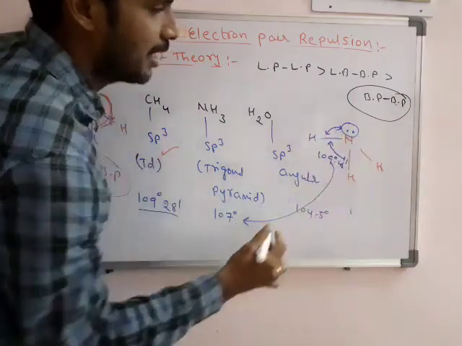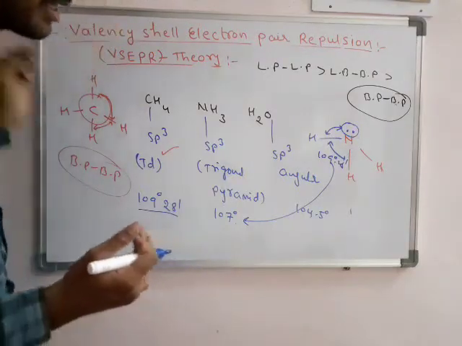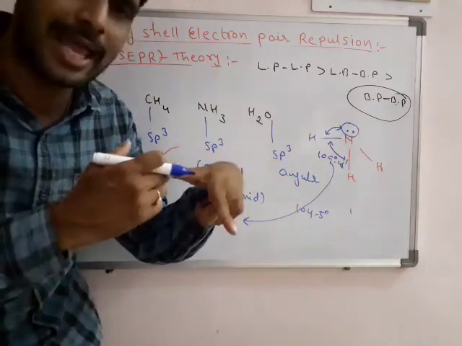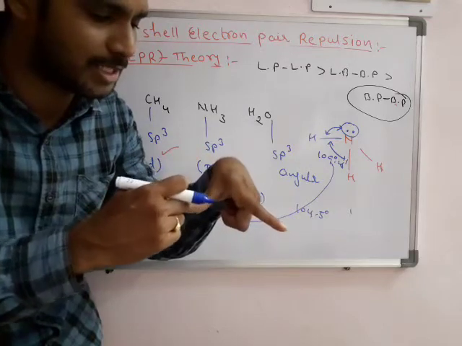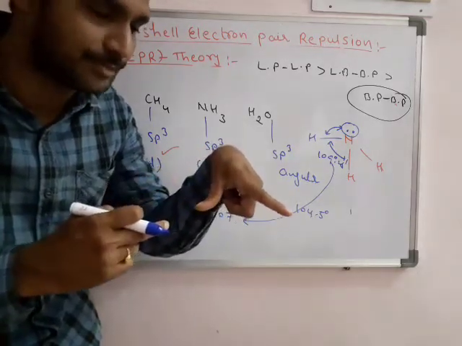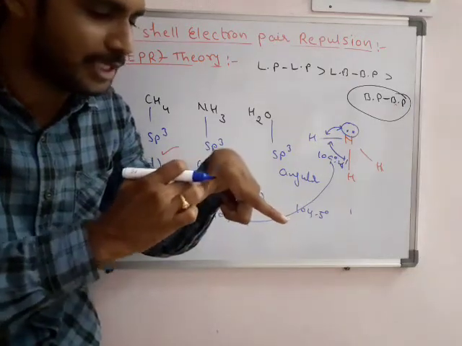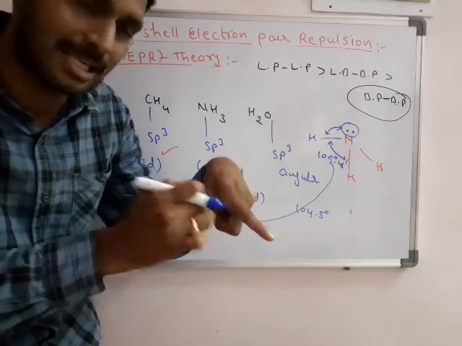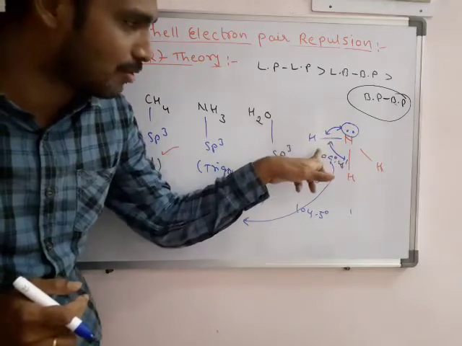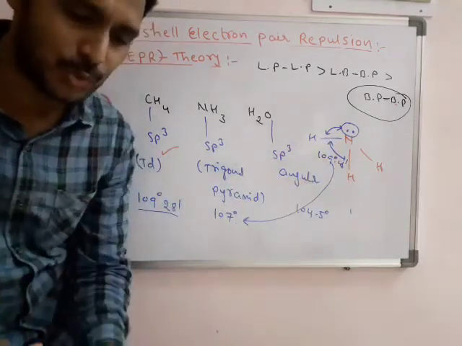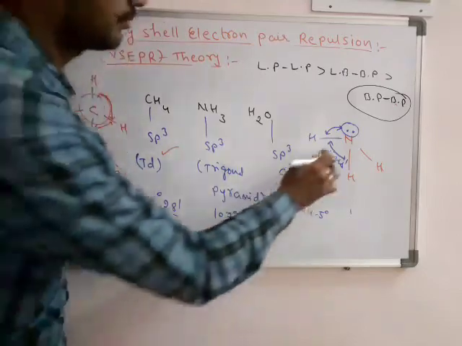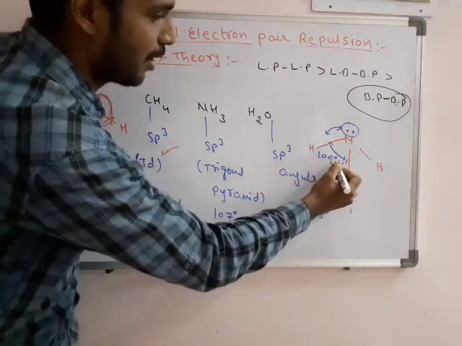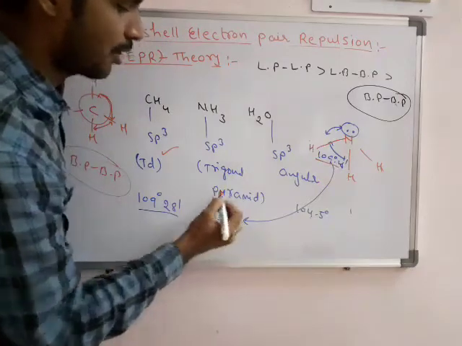Because repulsions are formed, the bond angle is somewhat decreased. The bond is fixed, so with repulsion it comes somewhat nearer. So the bond angle that should have been larger becomes somewhat lesser. Actually, if the bonds were like this it would be 109 degrees 28 minutes, but due to that repulsion its position becomes like this. So that's why the bond angle changed from 109 degrees to 107 degrees.